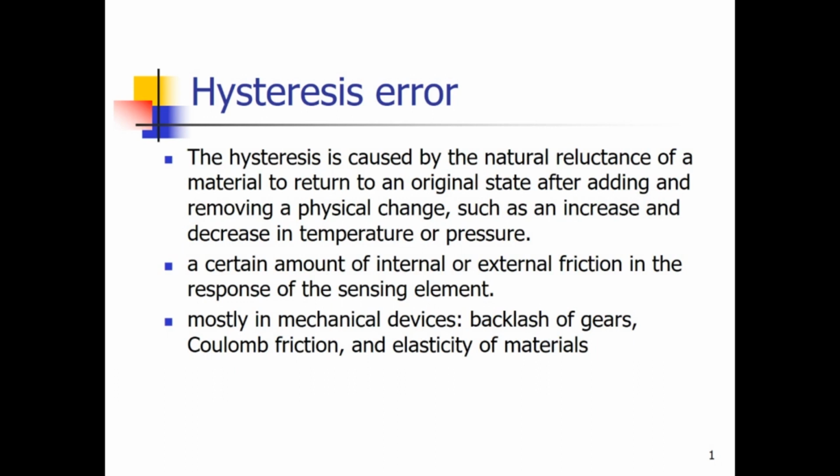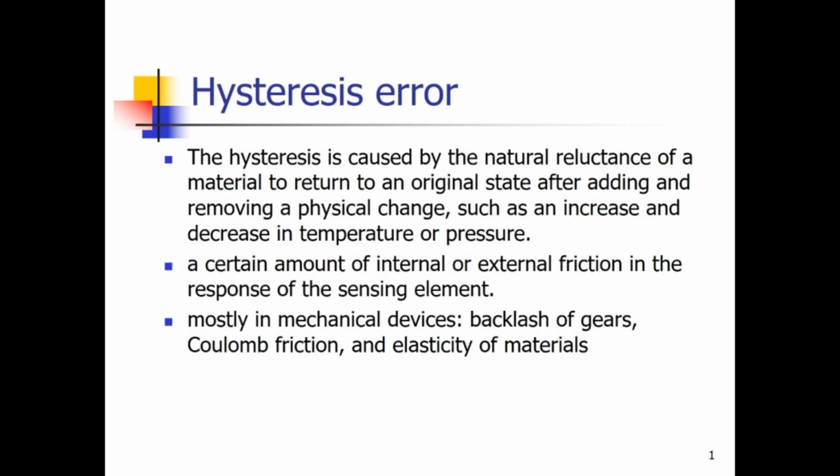But due to its natural reluctance, we do not get it. So, that is called the hysteresis. It is the natural tendency of the material that is giving this hysteresis error.